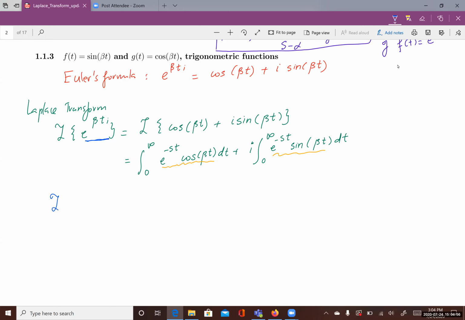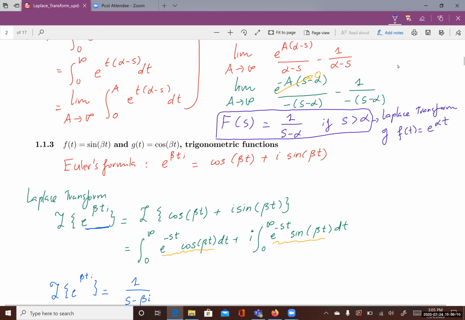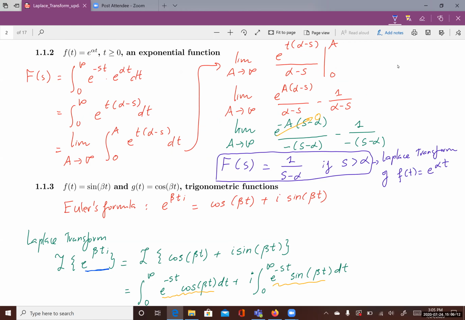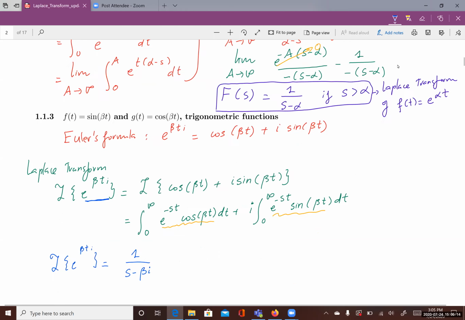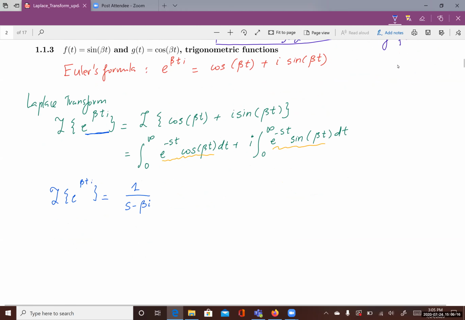So the Laplace transform of e to the beta t i, okay, equals 1 over s minus beta i. Okay. If you have e to the alpha t, the Laplace transform is 1 over s minus alpha. And now I treat beta and i as just constants.